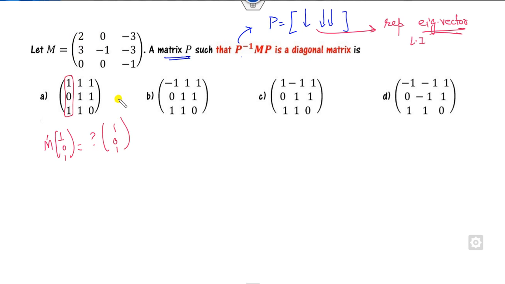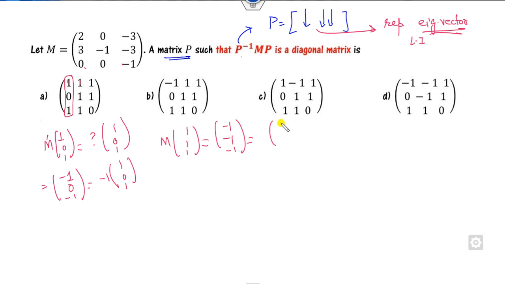So if I multiply them, what will happen? It will be minus 1, because the first and third components give 0, so it will be minus 1. Can I write this as minus 1 common? Yes, so the first pair is satisfied. Now think about the second pair. If I multiply this by M with 1, 1, 1, it will be minus 1, minus 1, minus 1.